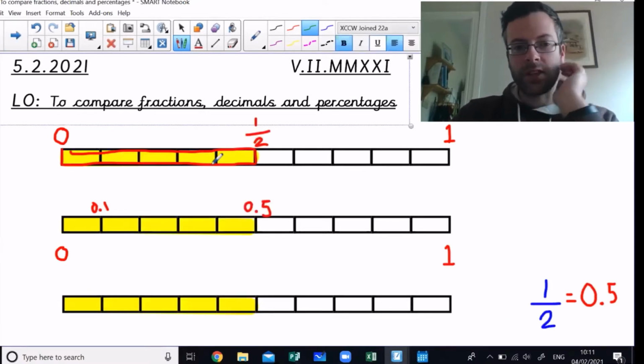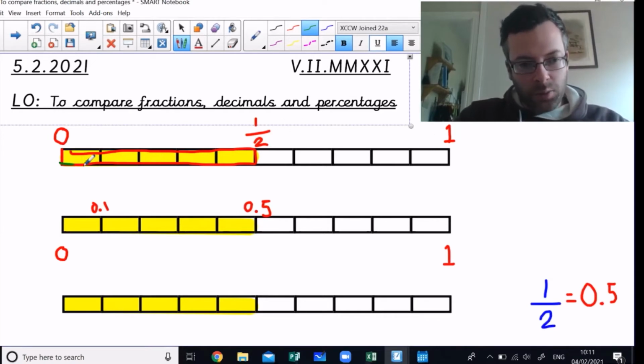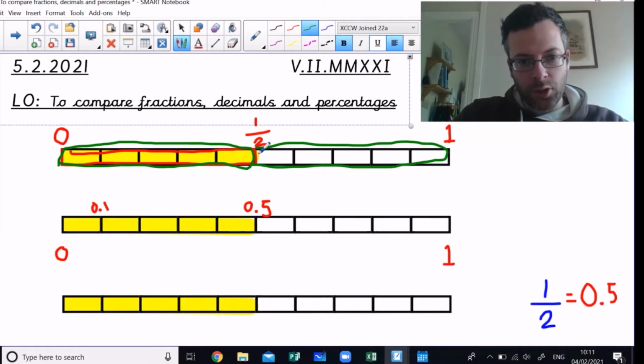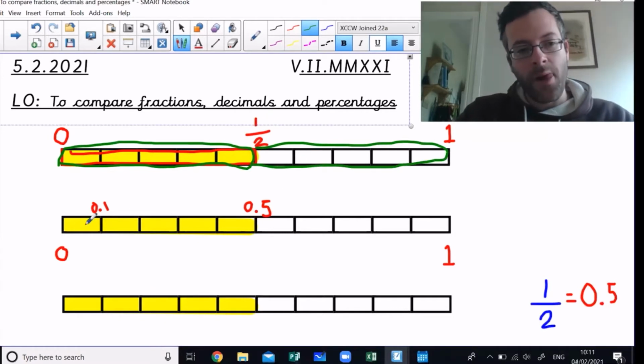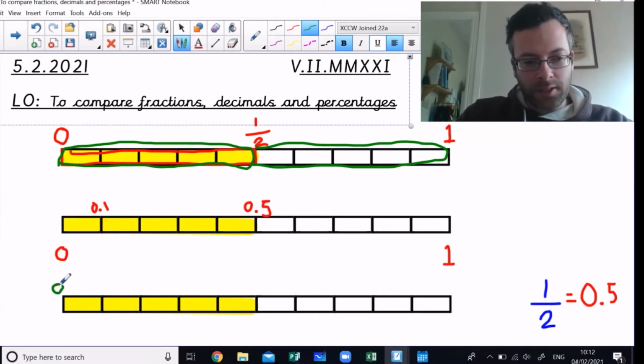Let's look at this one. When we did this one, we split it in half, so we imagine that we've got this full whole, and we split it into one part and another part, and they're both equal parts. I know my lines aren't great. We're splitting it into 2 parts, which is a half, and we agreed that it's 0.5. Now here we're thinking about decimals, and that's 0, and that's 100%.